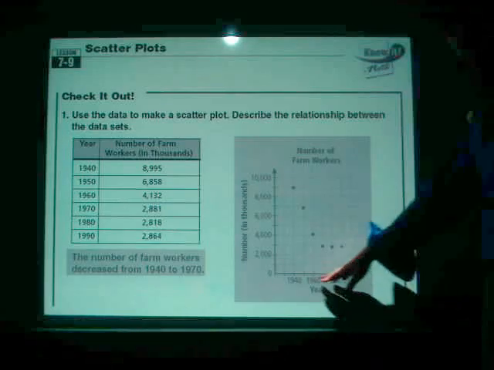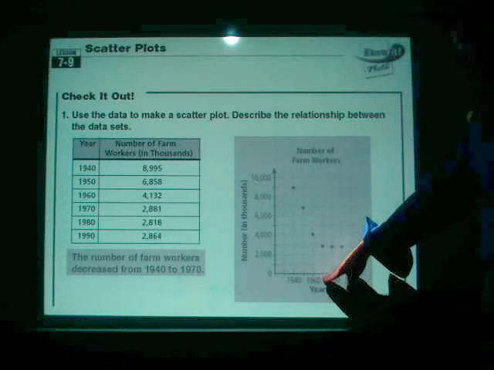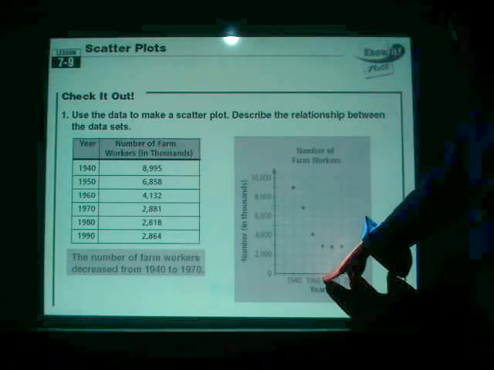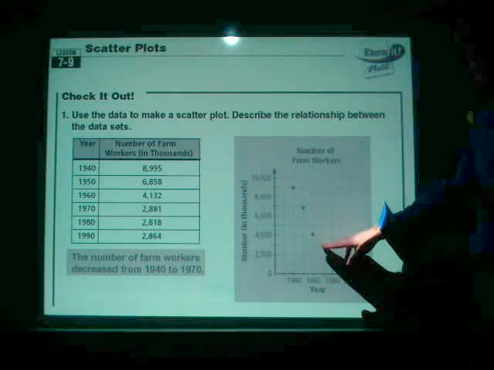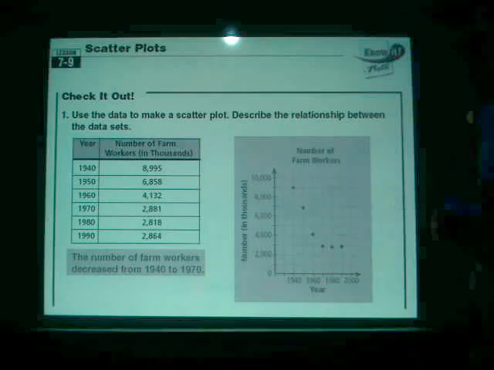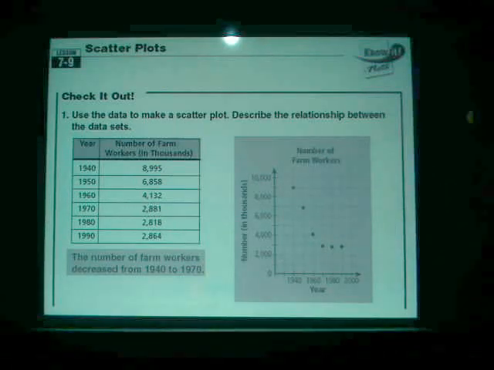1970, again, between the 1960 and 80 markers, they did leave us a block there. That would be 1970. That number is at 2881. So I'm going to go up to 3,000 and just come down a little bit for 2881. Now notice the 80 and 90 numbers, even though they are a little bit different, really in terms of the graph, because they've used such a large scale, don't appear to really be any different.